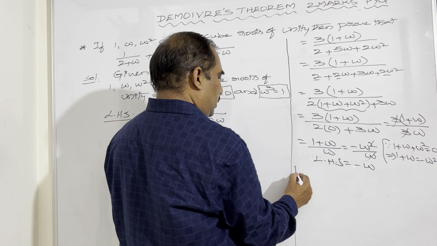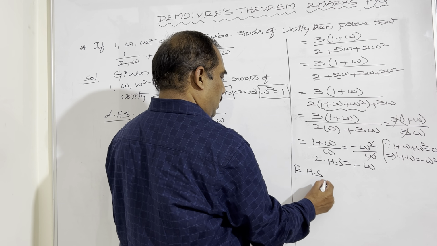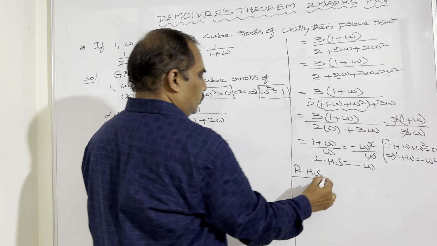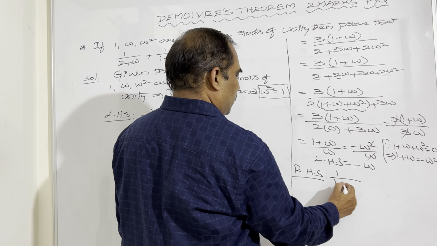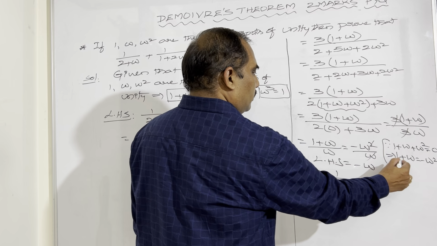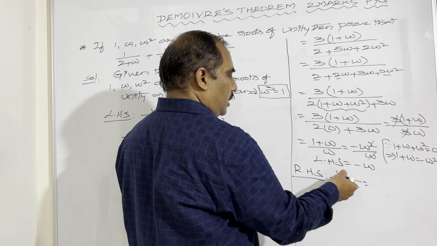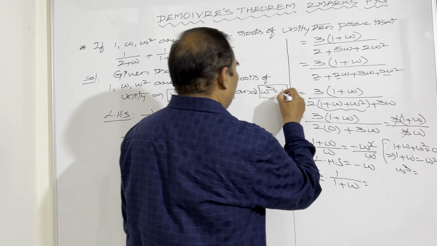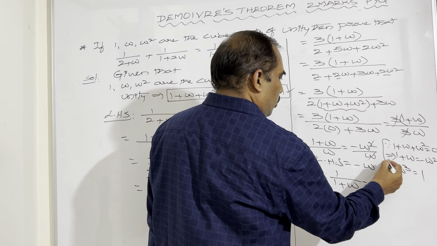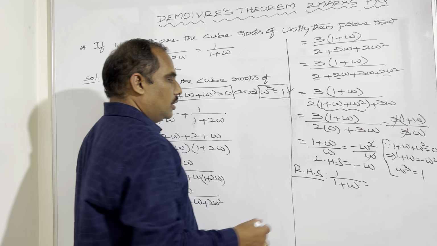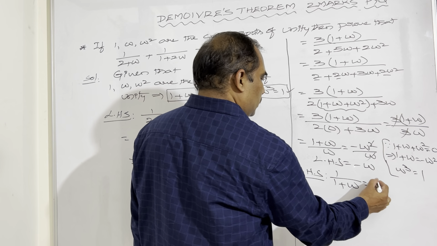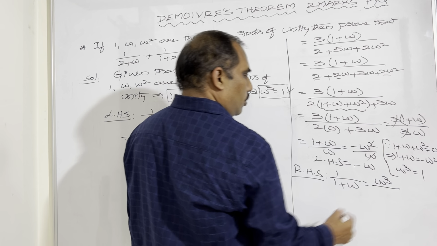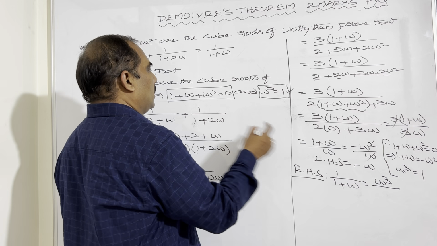So in the RHS, we have 1 by 1 plus omega. We know that omega cube is equal to 1. So that's why here 1 is replaced by omega cube, omega cube by 1 plus omega.